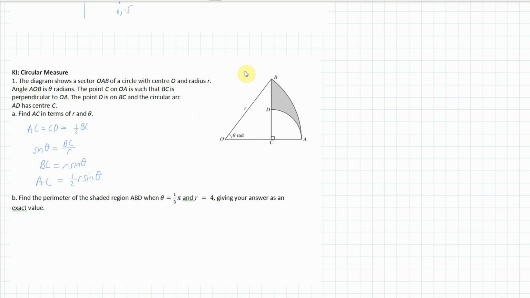So now I need to find the perimeter of the shaded region, so I'm going to find arc DA first, and that's this bit here.